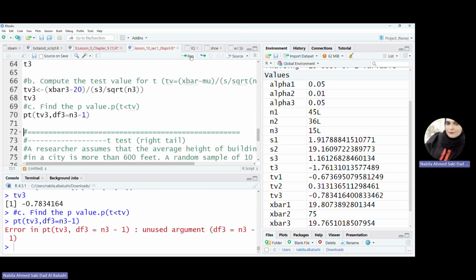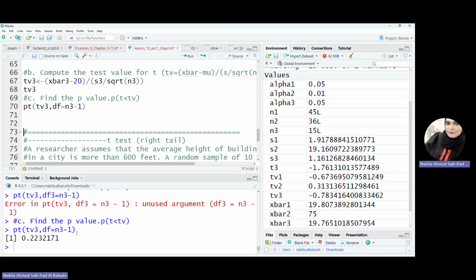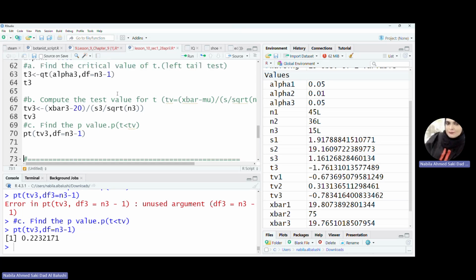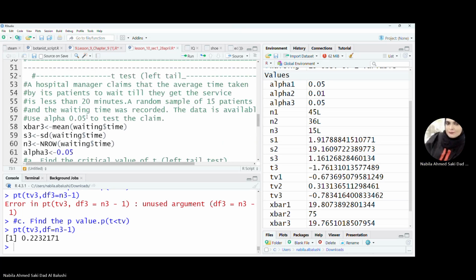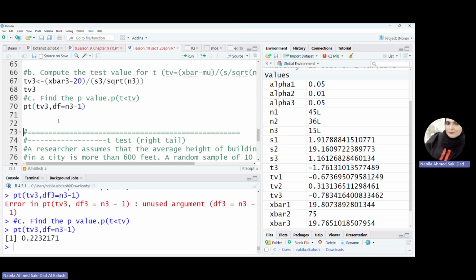Okay, yes, we made a mistake here. So the p-value is again more than alpha, which is 0.05. So again, the conclusion is that we fail to reject the null hypothesis.